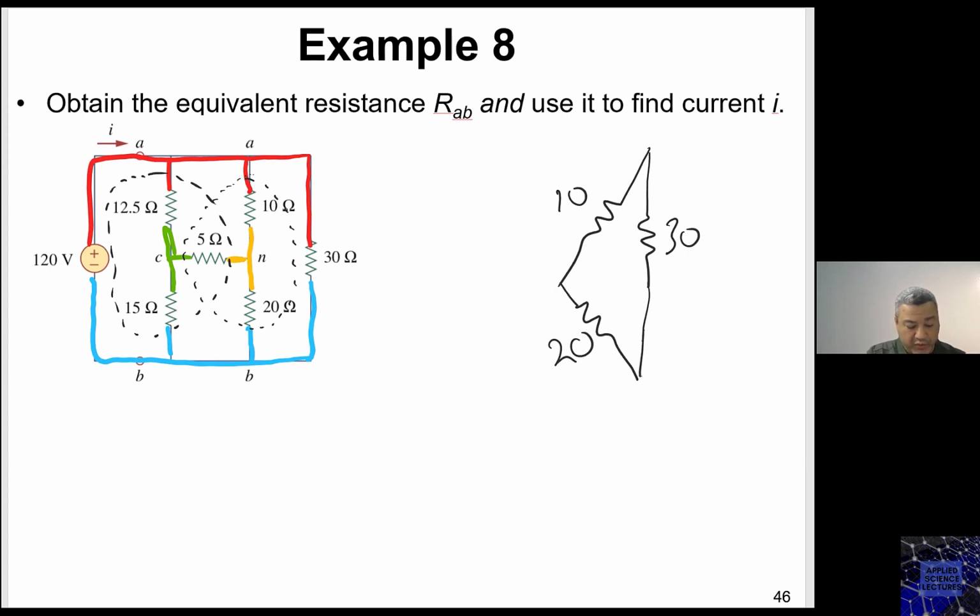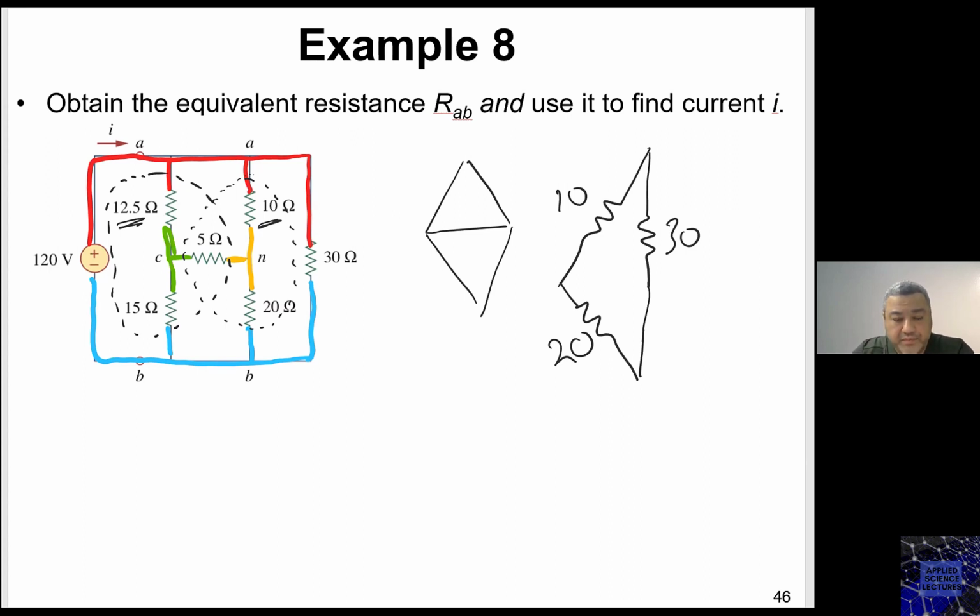I have the 12.5, 5, and 10 as a delta as well. If you bring this 10 to the left, the 12.5 to the right, you will see that they make a delta. Same thing here for the 5, 20, and 15. They also make a delta, right? So I have three deltas and two Ys. I can pick one of them to start. Now for me, sure, yes, go ahead.